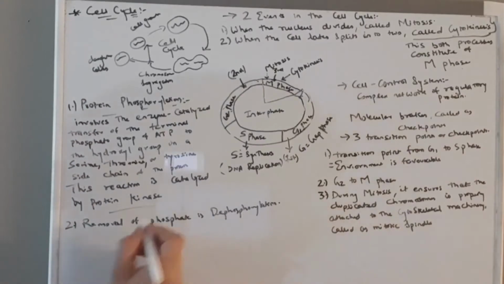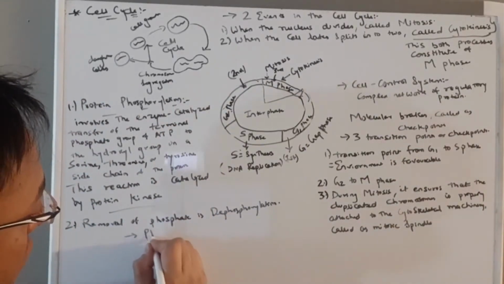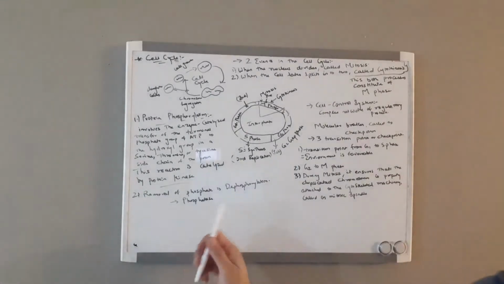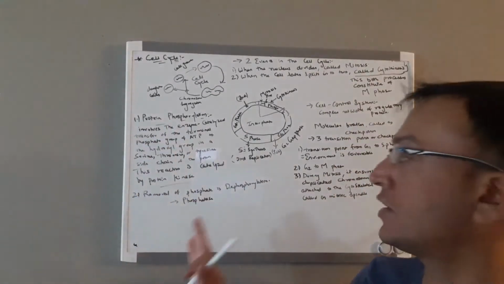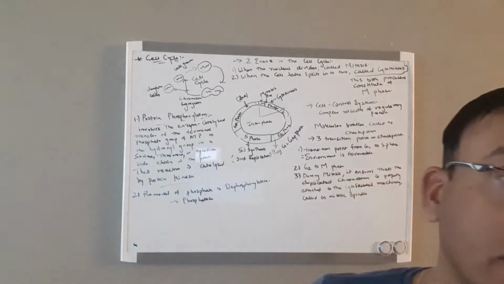This is catalyzed by protein phosphatase, and phosphorylation is by protein kinase. So these are protein phosphorylation and dephosphorylation, and you can see the picture on your screen.